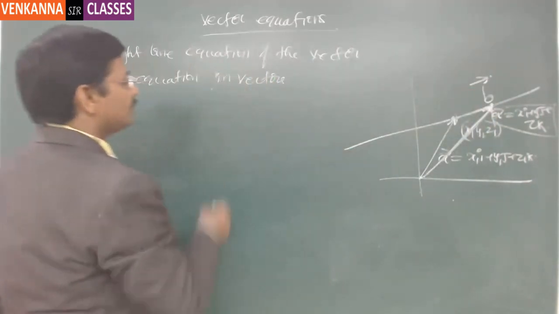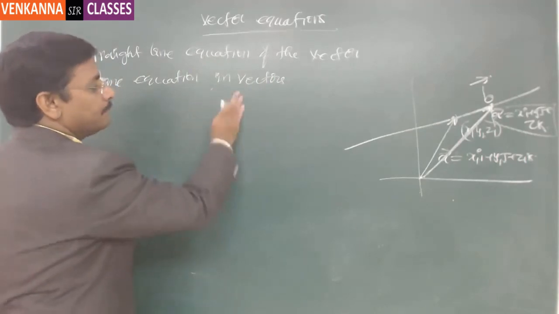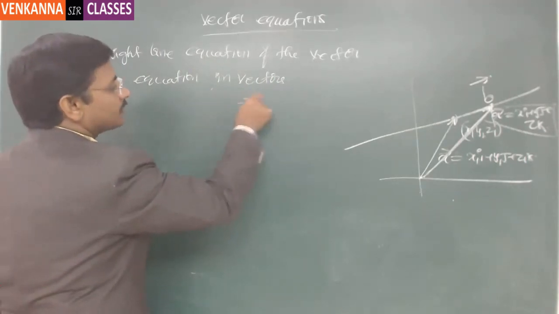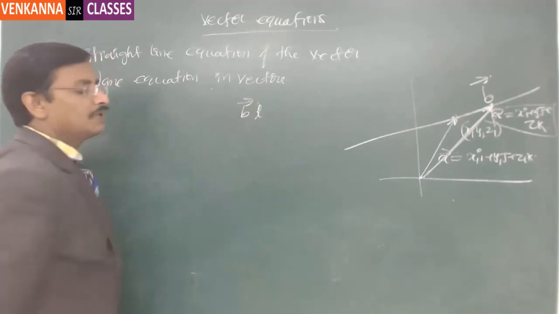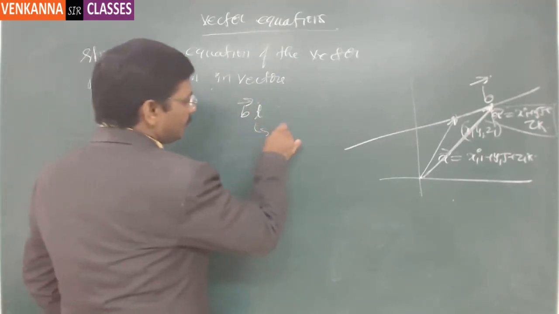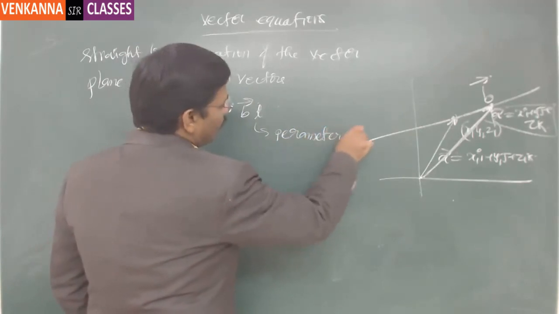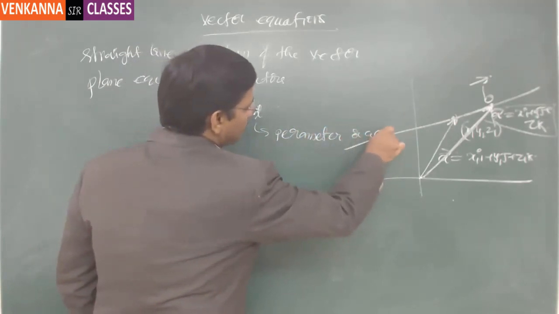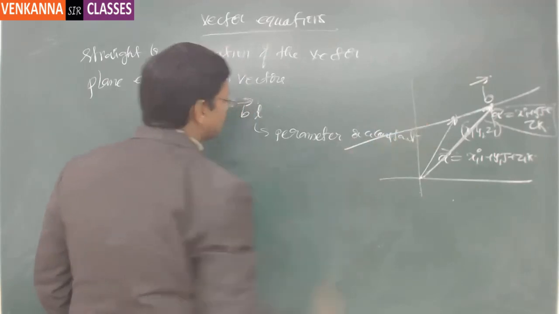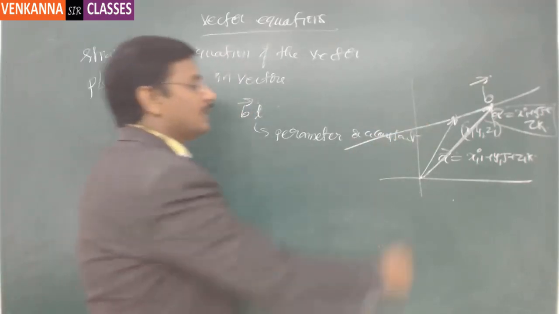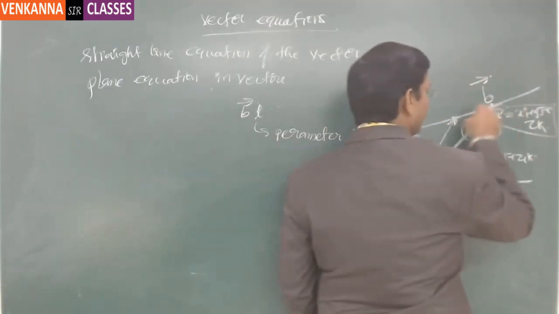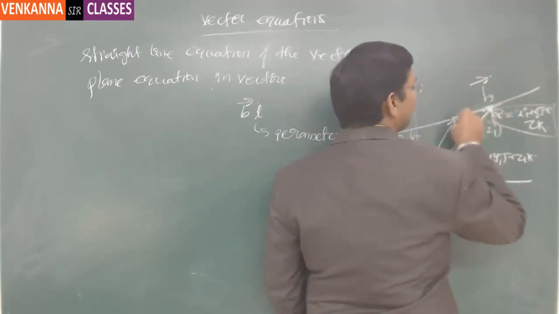Now if I just multiply the b vector with some random value t, this is nothing but the parameter or a constant. So let us say this is the b vector.